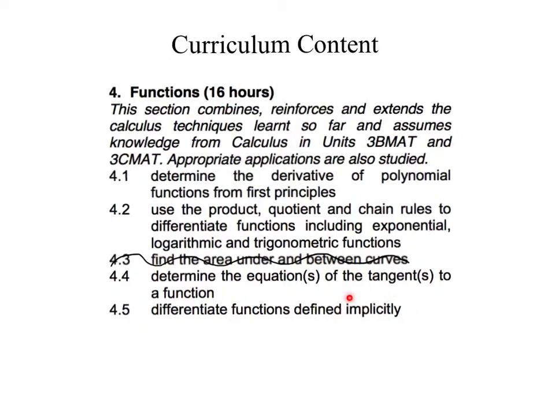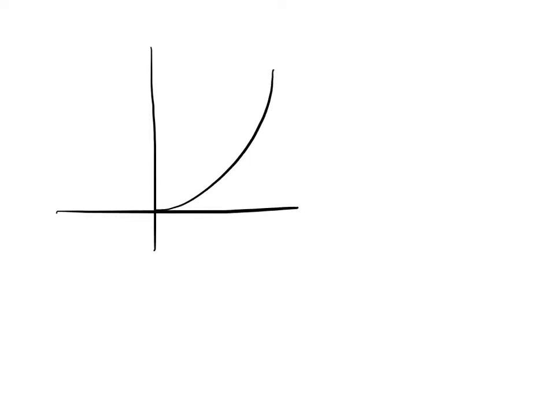Let me go through the first one, first principles. Here's y equals x squared, and I want to find out what the slope of the curve is at, let's say, x equals 1.